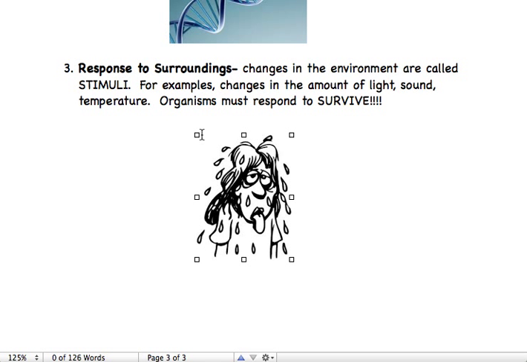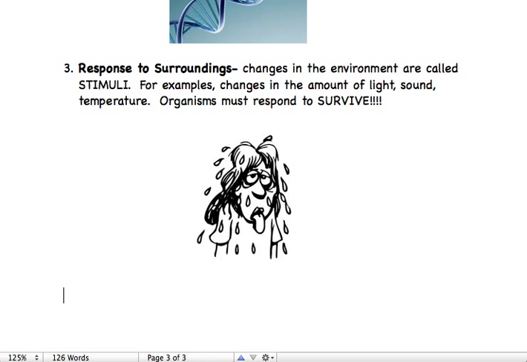But yes, you start to sweat. And what sweat does, it moistens your skin, and when it starts to dry, it evaporates and it cools you off. And if we didn't do that and it got really hot outside, and we didn't respond by sweating, we could be in big trouble and we could die. So organisms must respond to their surroundings, respond to the stimuli in their environment in order to survive.